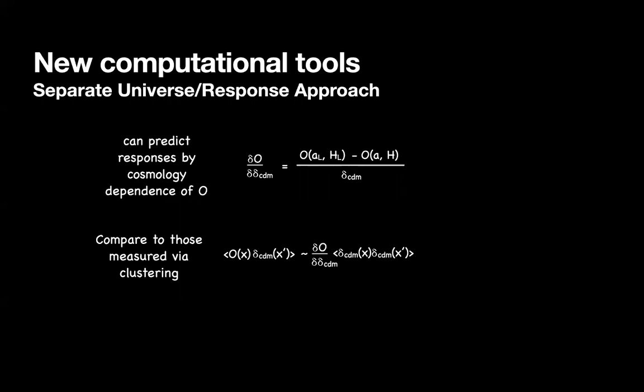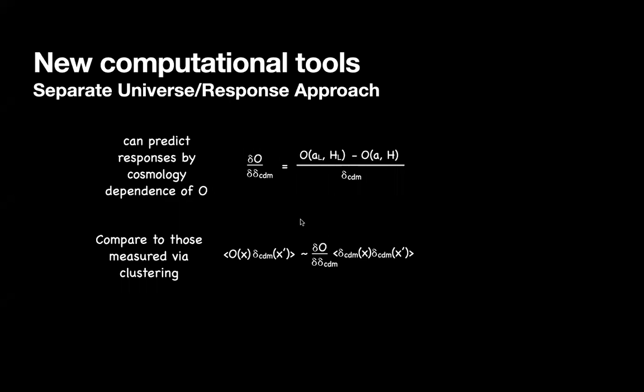And this is in comparison to measuring these quantities via clustering. So for instance, I can compare how the observable would evolve in the presence of a long wavelength mode, or I can measure spatial correlations between my observable and matter density fluctuations in different places.